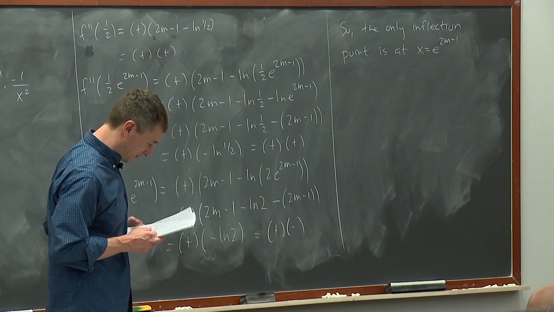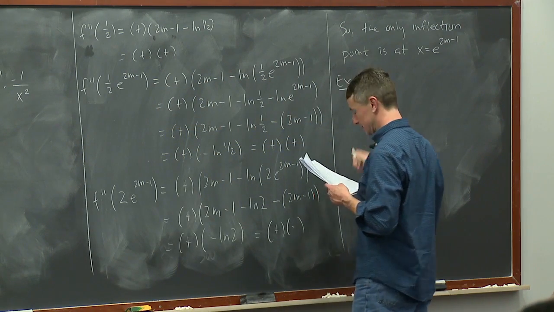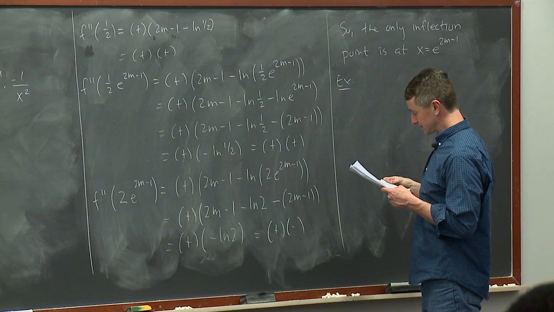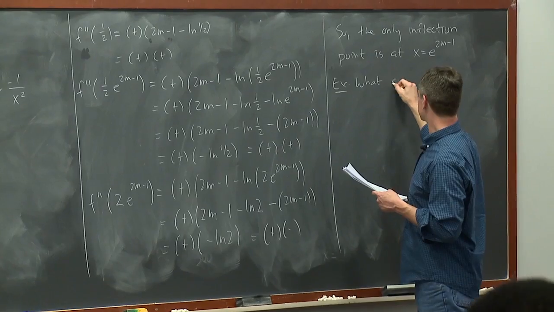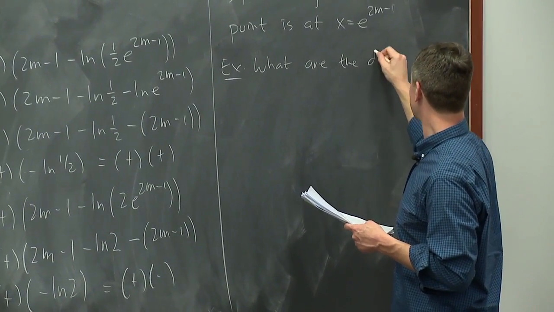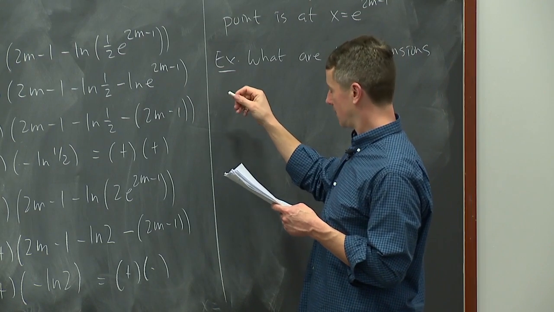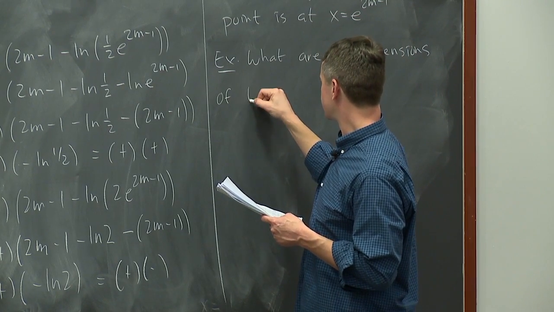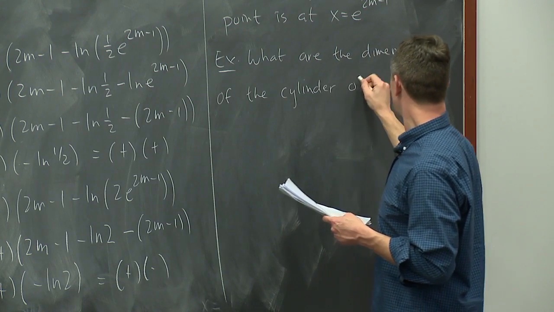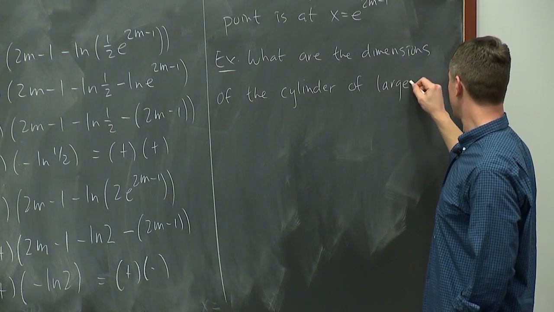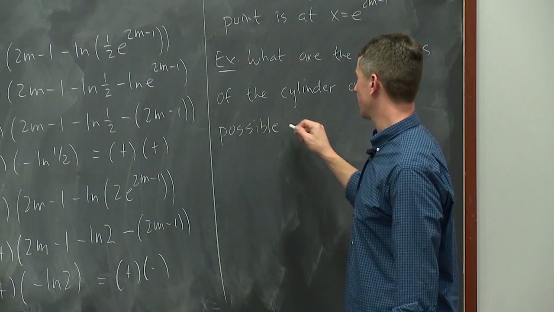All right, let's do something more fun, like optimization. So what are the dimensions of the cylinder of largest possible volume that we can put inside of a sphere of radius 10?